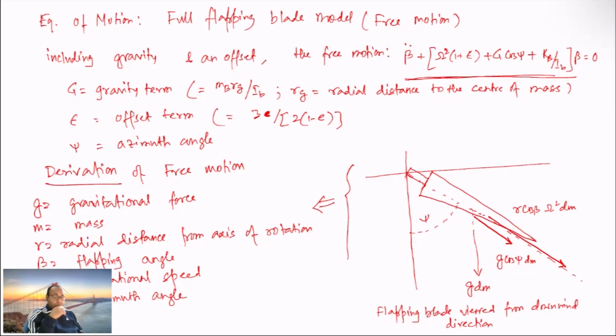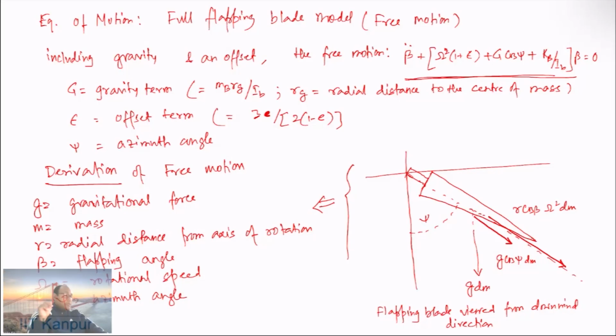This is what, if you remember the earlier diagram when we were talking about the aerodynamic analysis. The azimuthal angle increases along the direction of rotation. Okay. And the flapping angle is positive in the downwind direction. Okay.